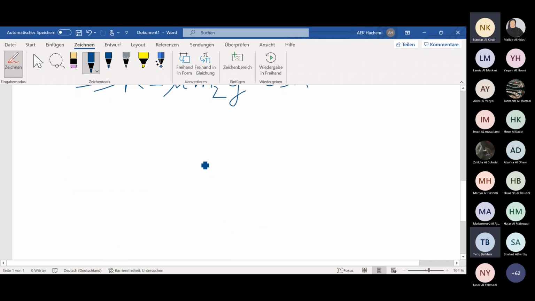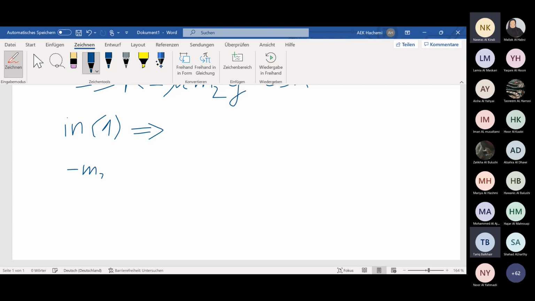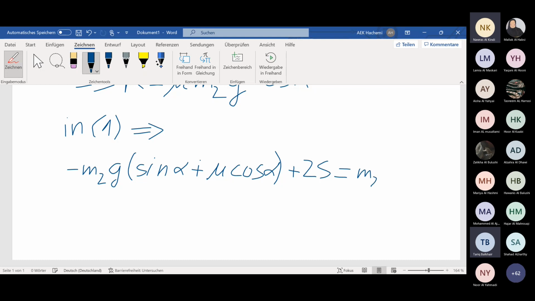Okay, then we have in 1, then we get here the following equation: minus m2 g multiplied by sine alpha plus mu cosine alpha plus 2S equal to m2 x dot dot 2.